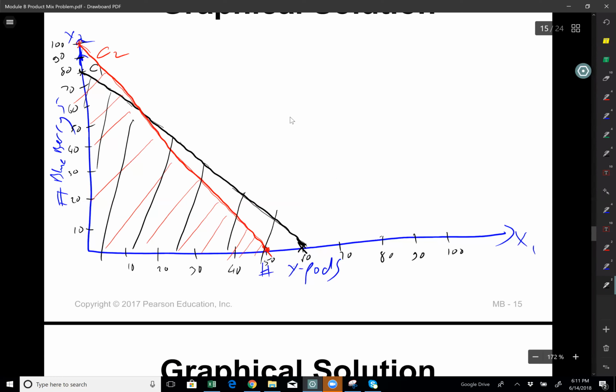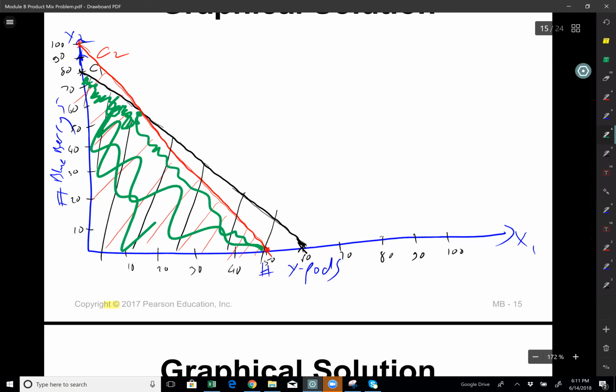If you look at the intersection of these two, what you get is the feasible region. The feasible region is all the way until this intersection point, all this area right here.